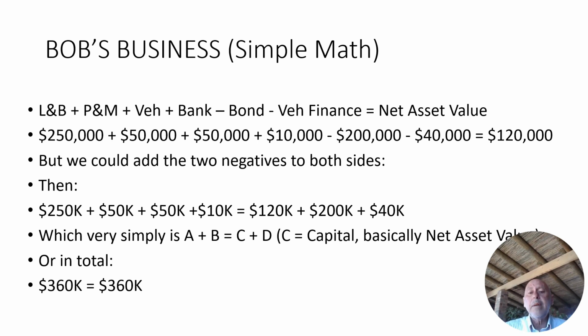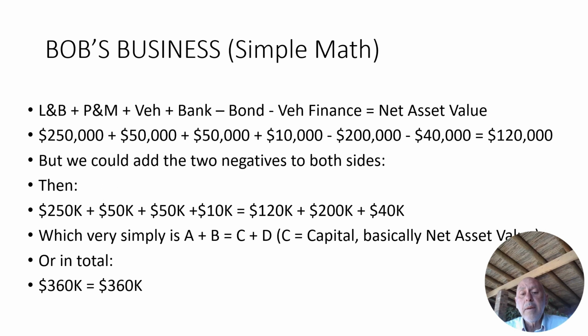Okay, so it's just been a very simple mathematical calculation. All I've done is add the two negative amounts to both sides of the equation. When you add it to the left-hand side, it zeroes it, and when you add it to the right-hand side, it becomes a plus of those amounts of money.